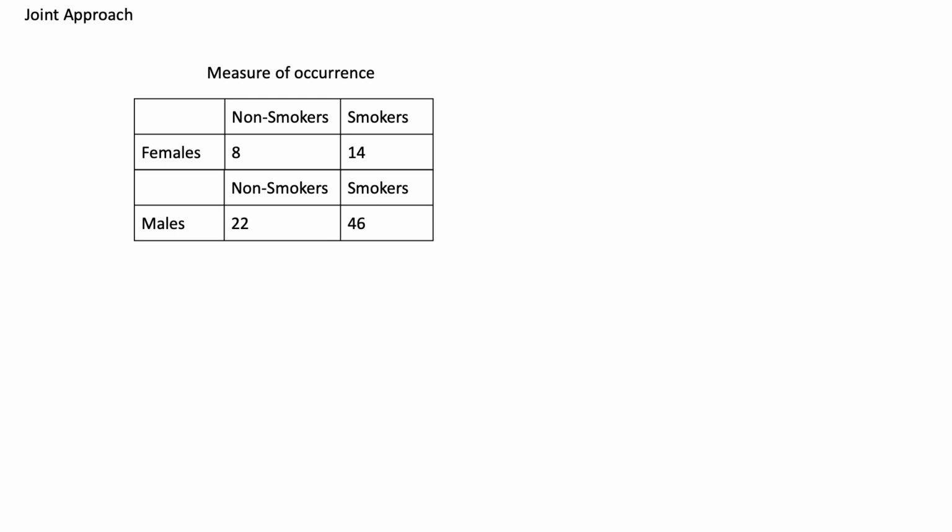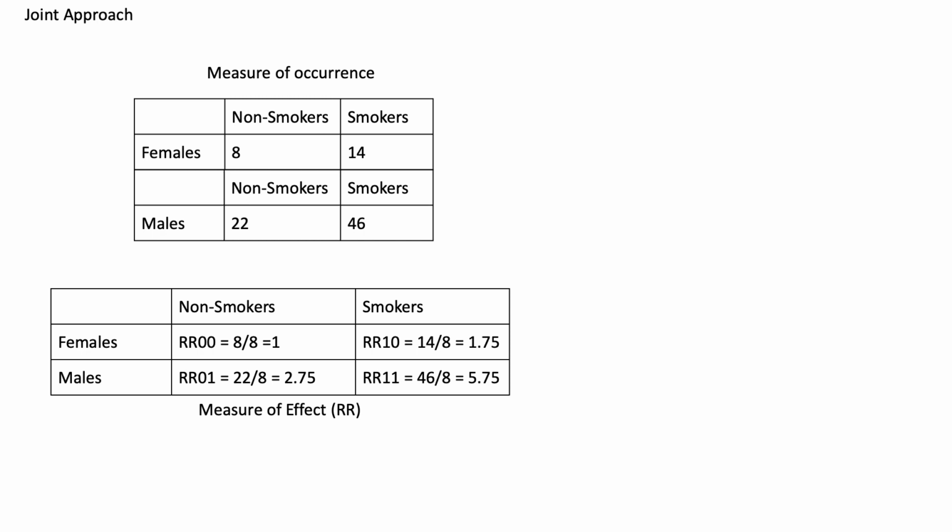So the table that you currently see is the measure of occurrence, and then we will formulate any one group as doubly unexposed or the reference. In my example, it's the female non-smokers who are doubly unexposed or reference, and we calculate the measure of effect as shown in the table below.